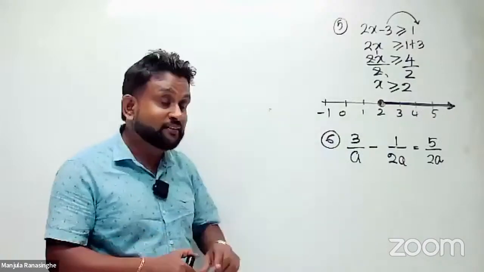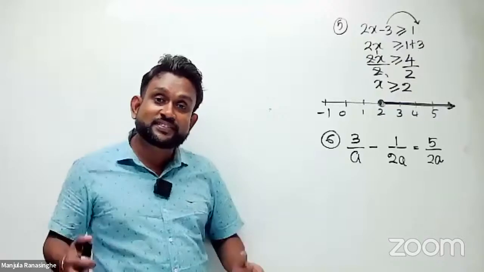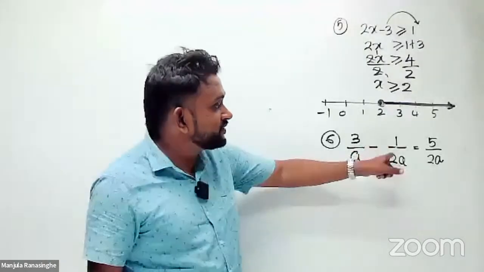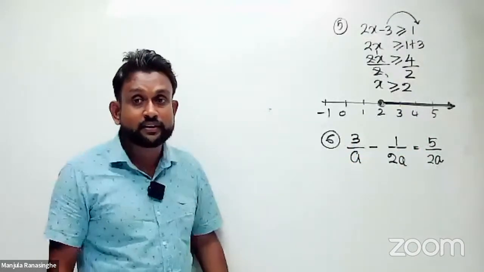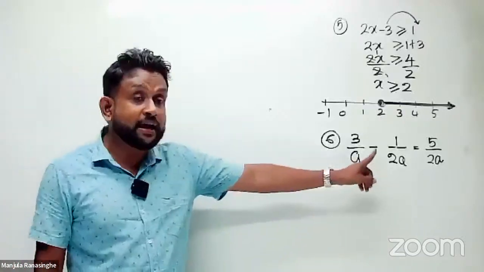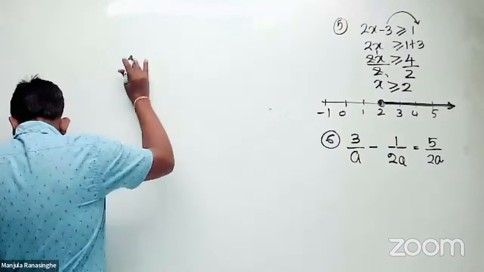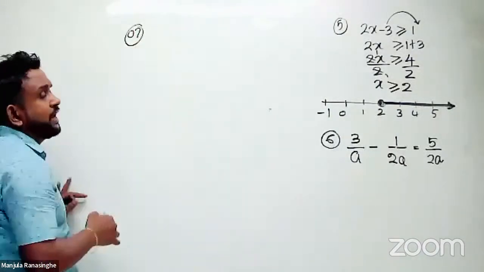Looking into the answer, you got this value. Otherwise, the easiest way, you can write it as x, and from this value, just subtract this value. So the blank is 1 upon 2a. Now we are moving to question number 7. That is the distance time graph.